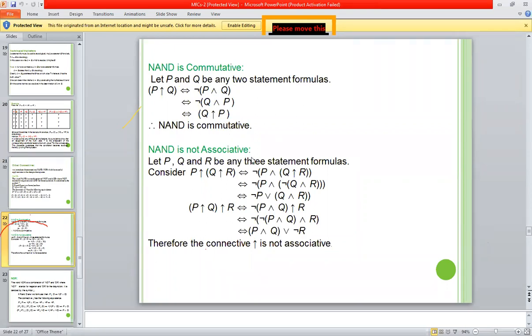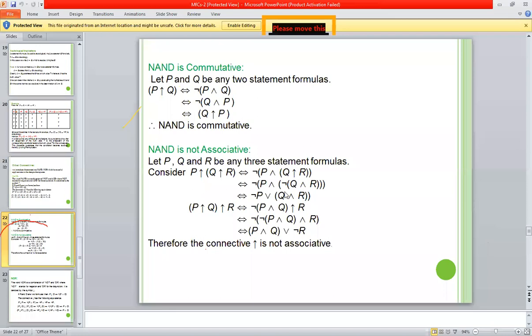But NAND is not associative. Here is an example. Let P, Q and R be any three statement formulas. Consider P NAND (Q NAND R), which is equivalent to negation of P and (Q NAND R).